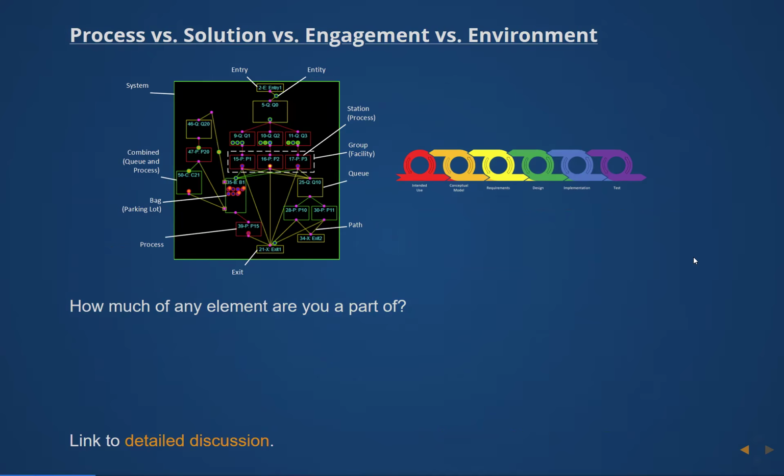Another thing you need to understand is that there are four different components of any work you do. One is the process. So this is the series of steps your business, organization, or whatever goes through to get something done.